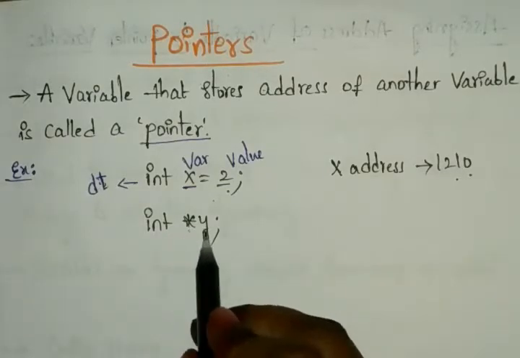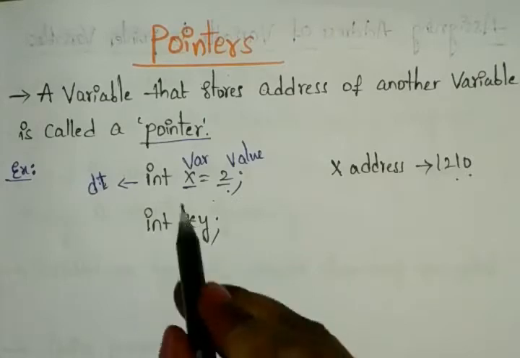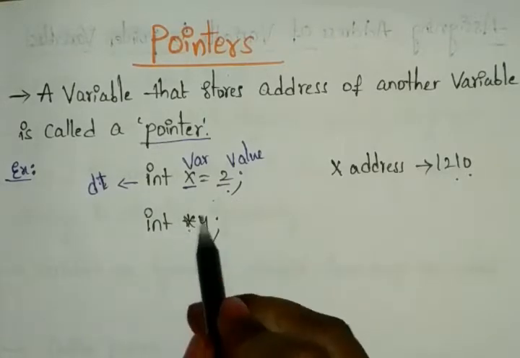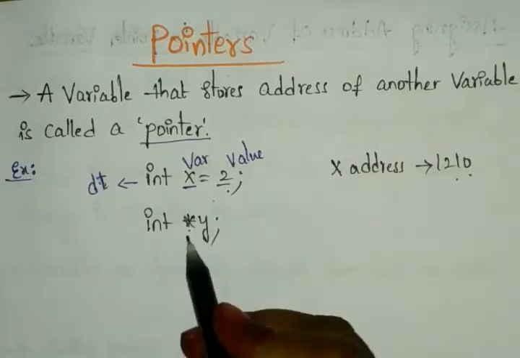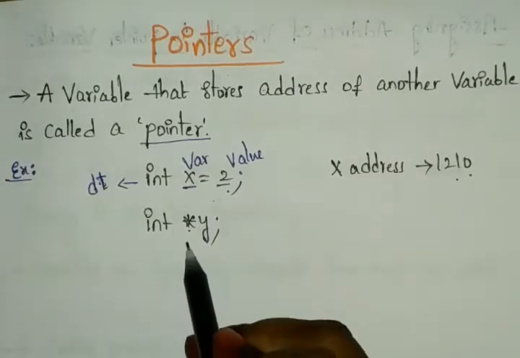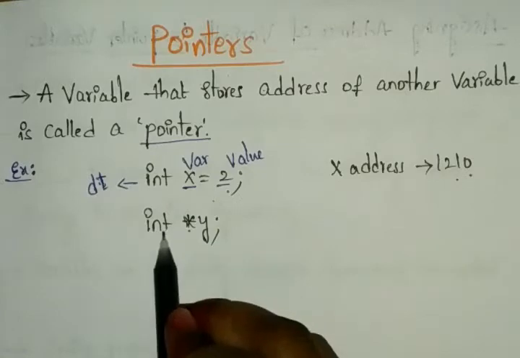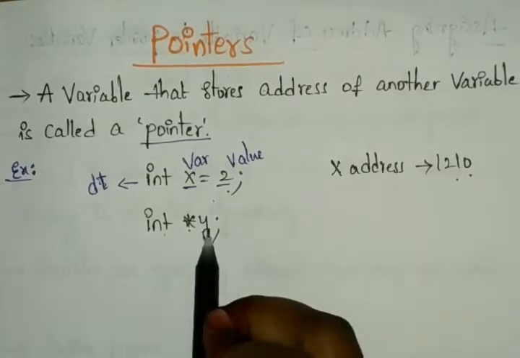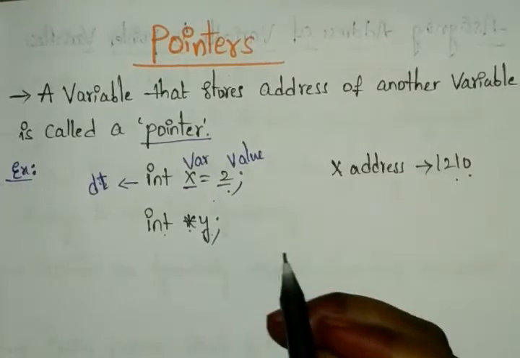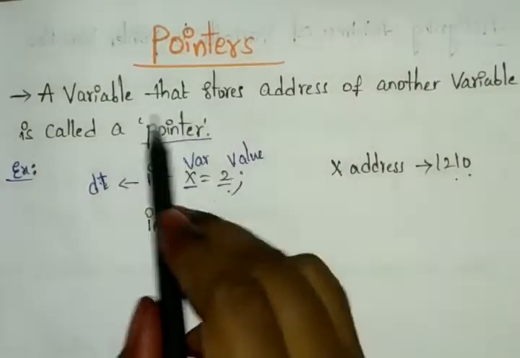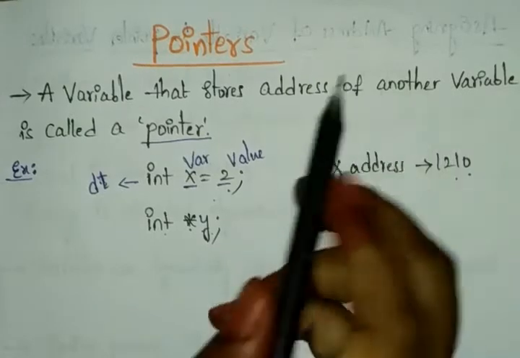By that, it points to another variable's address. By this symbol, it accepts, or else it calls, the address of another variable. I took the data type with the other variable y. So y is the variable that stores the address of another variable, right?